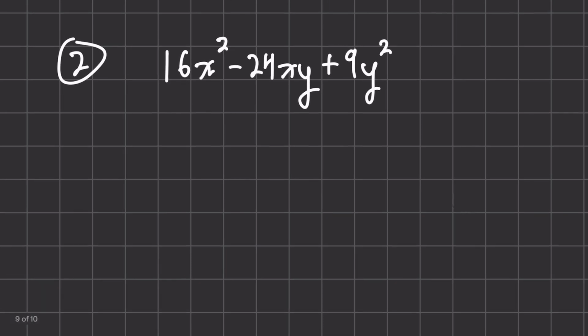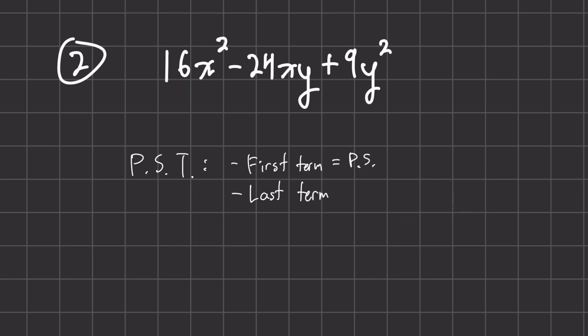Now for this question, it's actually a perfect square trinomial. And let me show you how to actually check that. So for something to be a perfect square trinomial, it must meet a few criteria. First of all, the first term needs to be a perfect square. And the last term needs to be a perfect square.